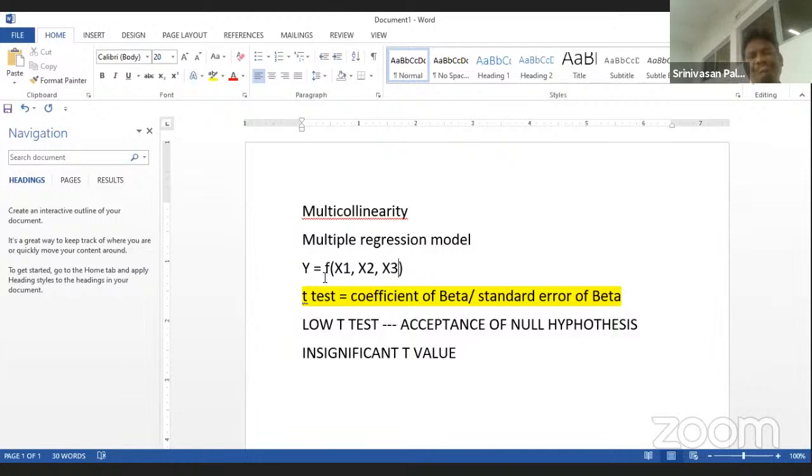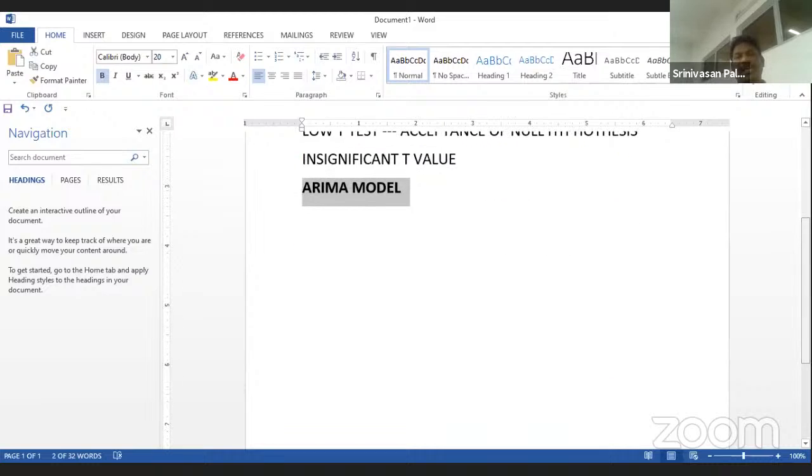ARIMA model. Please make a note, ARIMA model. So ARIMA model is basic. ARIMA is nothing but the auto regressive AR model. First, let me come to the ARIMA model. Just make a note. ARIMA model. What is the AR term? Here there are 3 components.